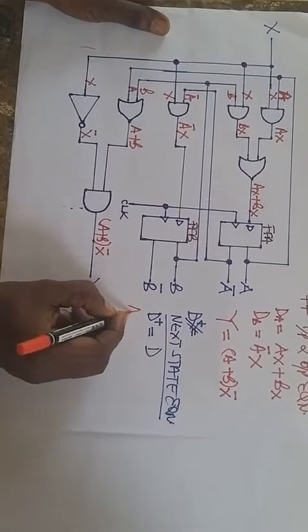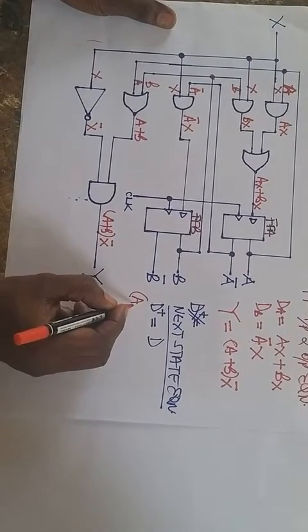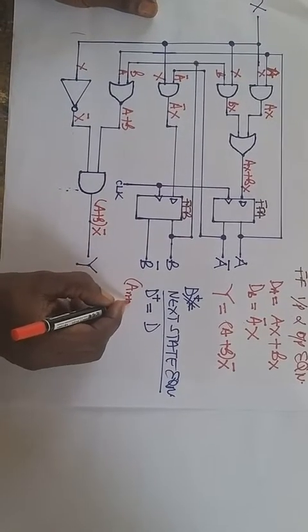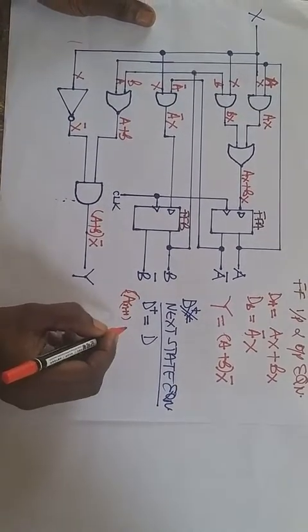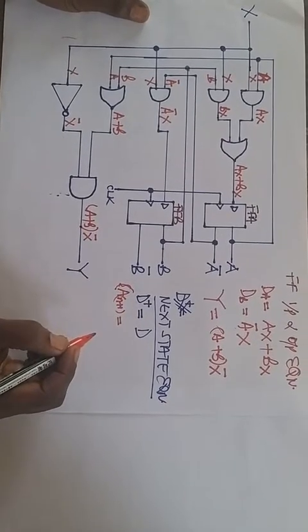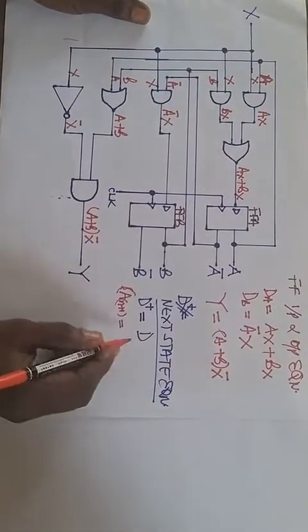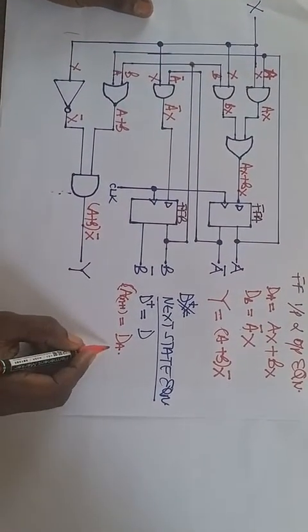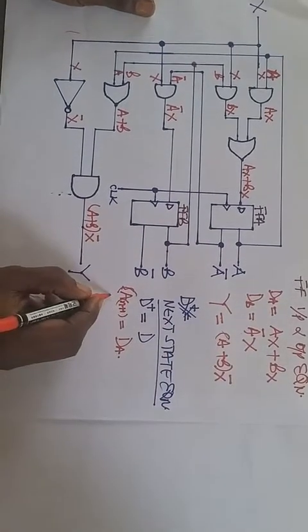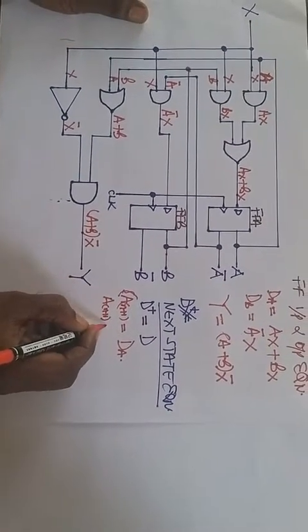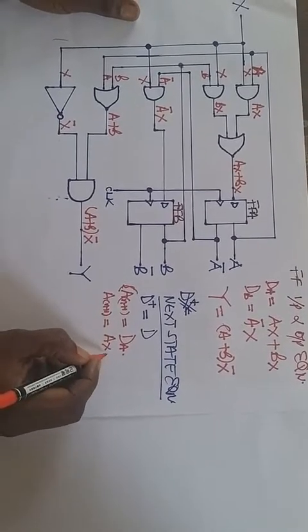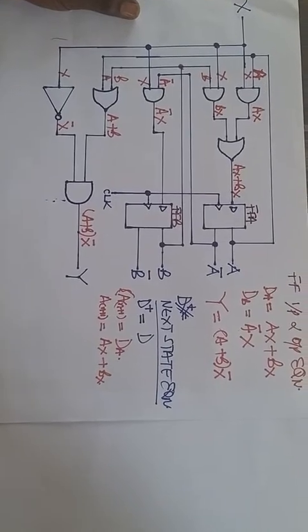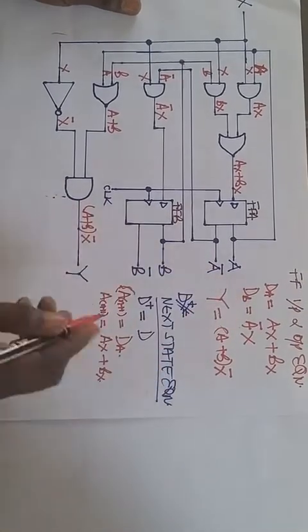So I can say A(n+1) is equal to DA, right? And DA is given by this. So my A(n+1) is equal to AX plus BX. What about our B?